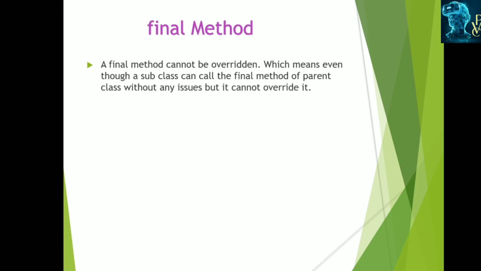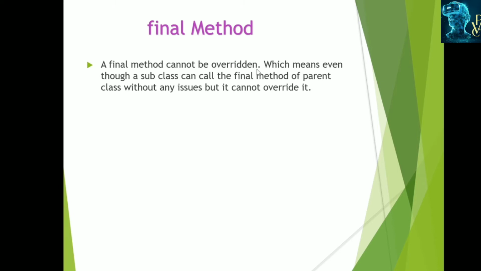Already existing, from the existing class we are creating the new class. So the properties or methods can be used again and again. And we can also redesign or re-implement, meaning we can override those methods in its subclasses. So when we declare the method as final, that cannot be overridden.